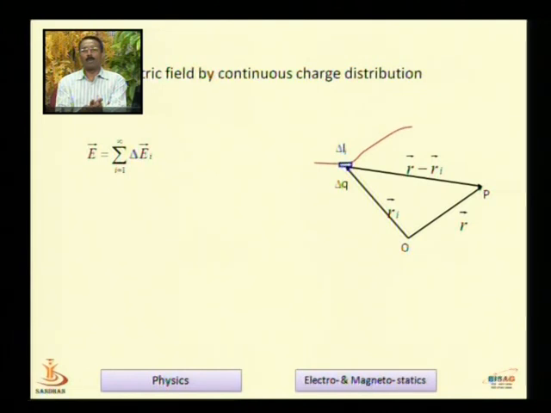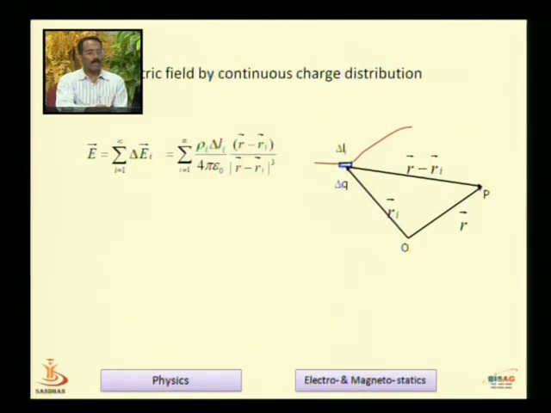Once you have the electric field due to each segment, you simply take the summation, and of course this summation is a vector summation. Here we are thinking of an infinite number of these small segments, so we are summing from i equal to 1 to infinity.